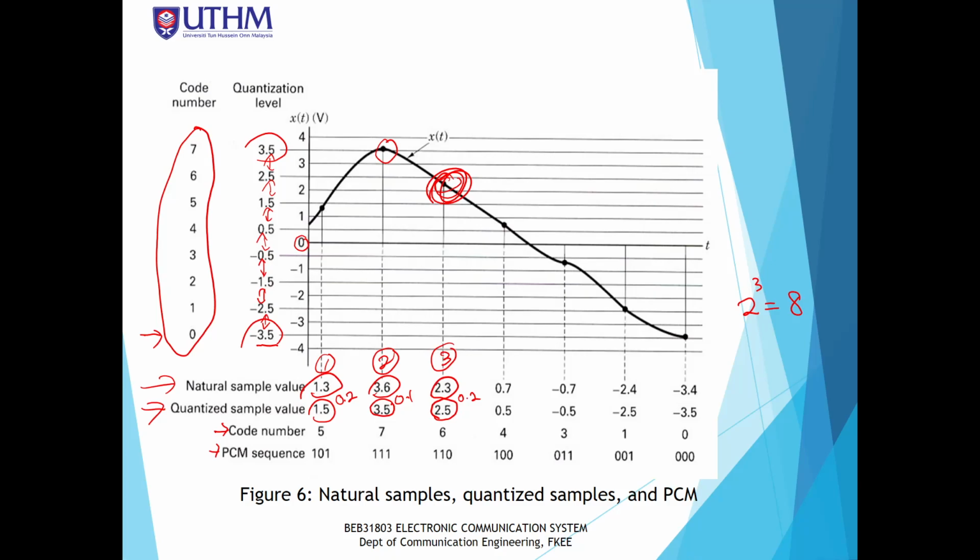In terms of value it is 3.5. And the input depends on how much is the minimum and maximum. If you ask me the minimum of the input signal, we should see the input from before the sampling process, the amplitude.